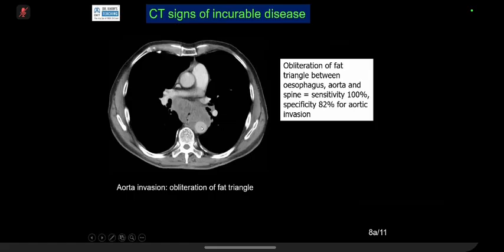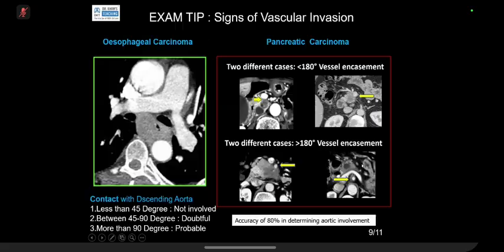Now, this is the obliteration of the fat triangle between the esophagus and aorta. Now, please concentrate here, because when I teach you pancreas at 6 o'clock tonight, you will be dead. So this is a very important take home point. I always teach esophagus with pancreas, because it's a black and white world.